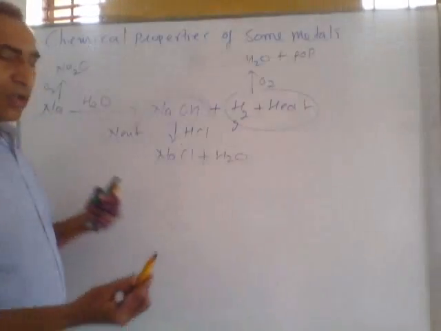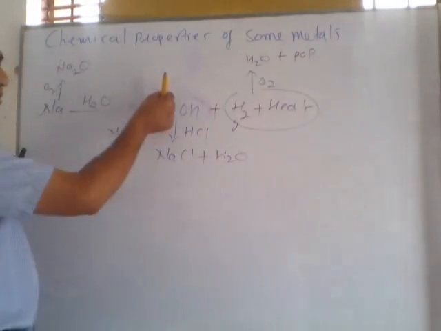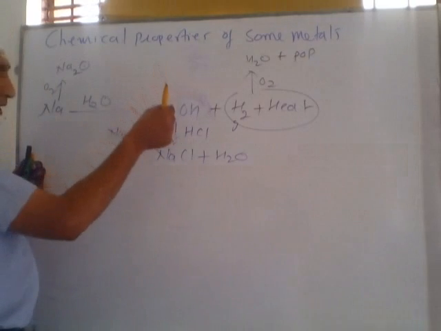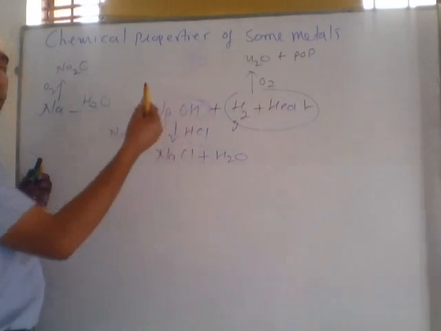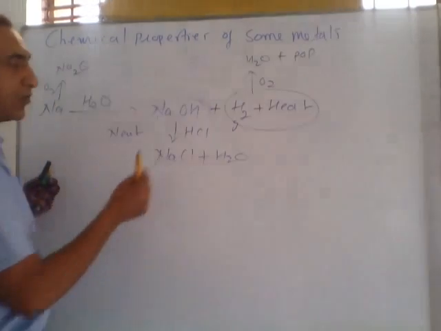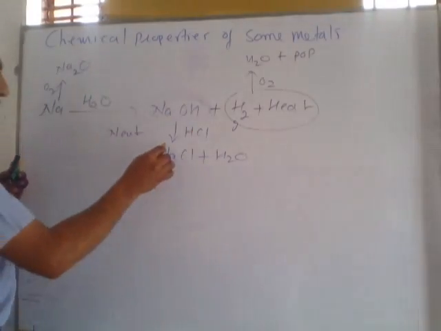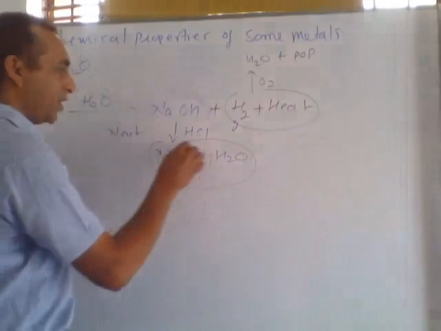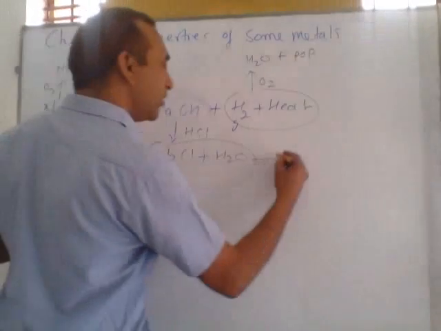If we add some drops of phenolphthalein to NaOH, pink color appears. By adding HCl, the pink color disappears due to formation of NaCl with water. You know, the solution of NaCl in water is called brine.